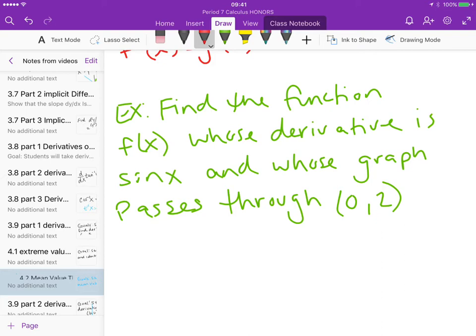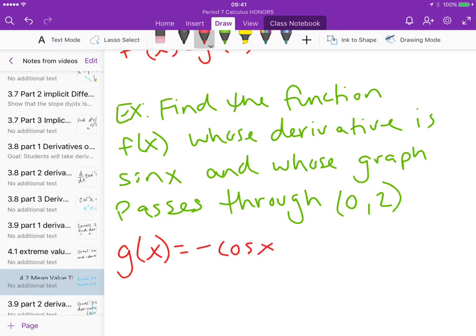So since f has the same derivative as, let's call that function g of x, we know g of x for sure is the function negative cosine of x, because let me erase it real quick, I kind of forgot the negative originally. We know that g of x is negative cosine of x.